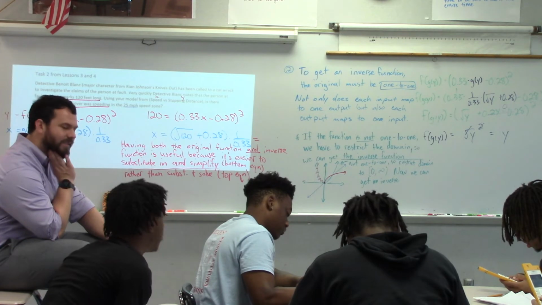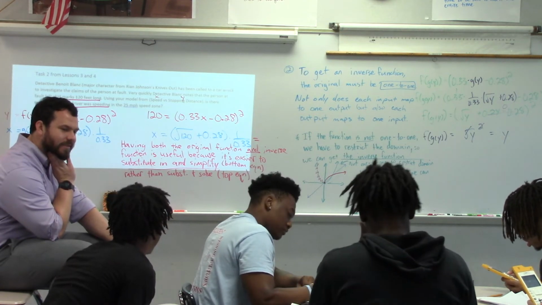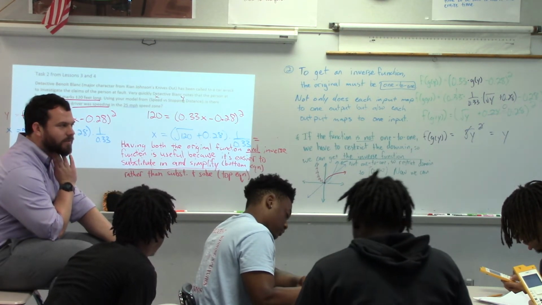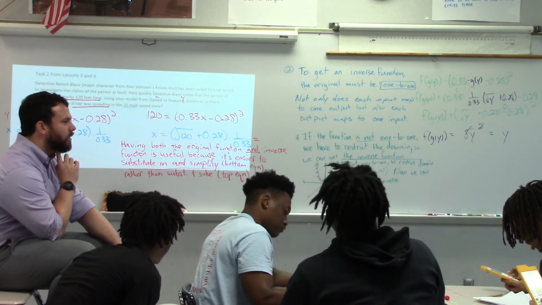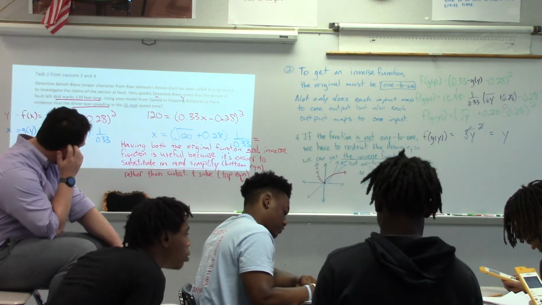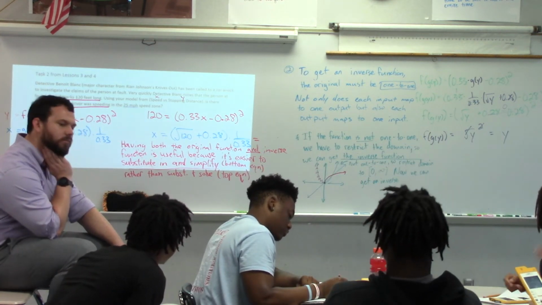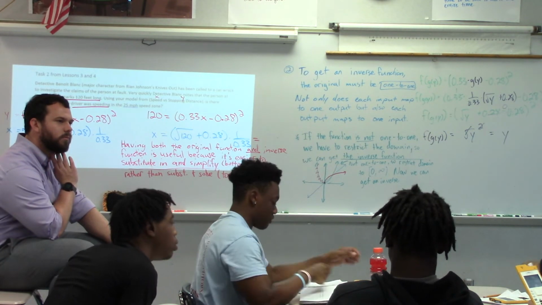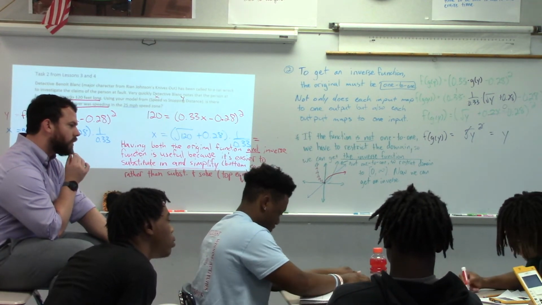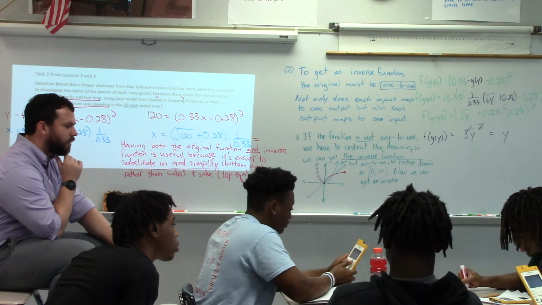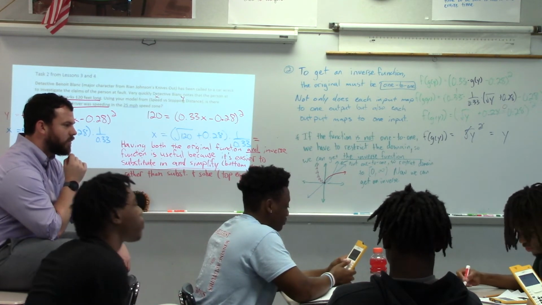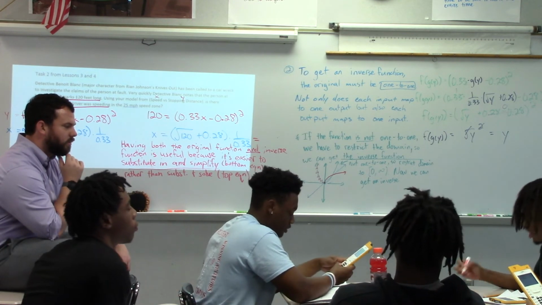There is no hat this time, bud. It's understood that it's an estimate, but we're not solving for y hat, we're solving for x. 33, 34 miles per hour? 34. Say what it was?